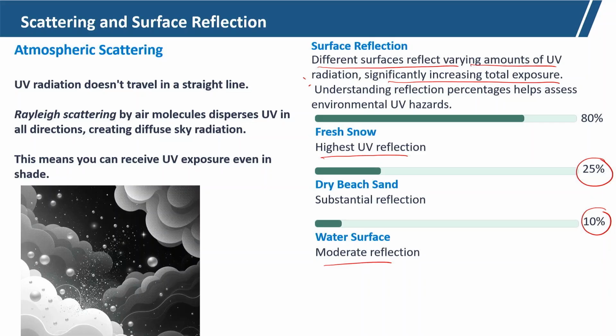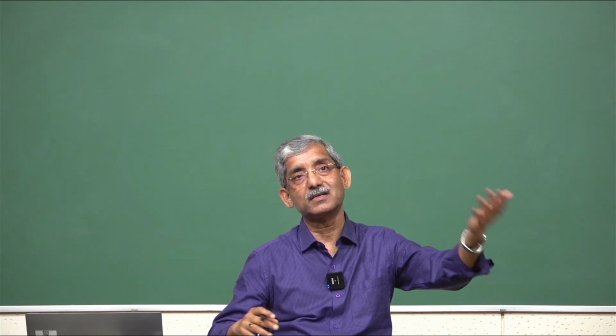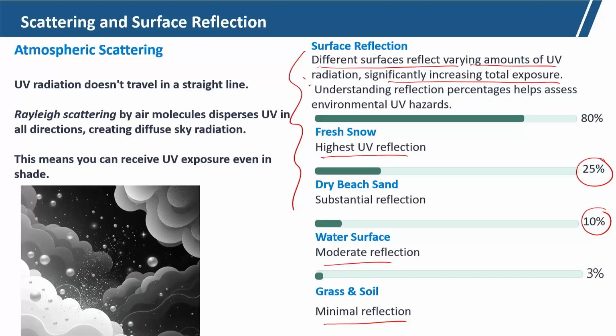When we are in this type of environment, we can protect ourselves accordingly. And grass and soil have minimal reflection. There are different types of grass, but grass does not reflect too much.